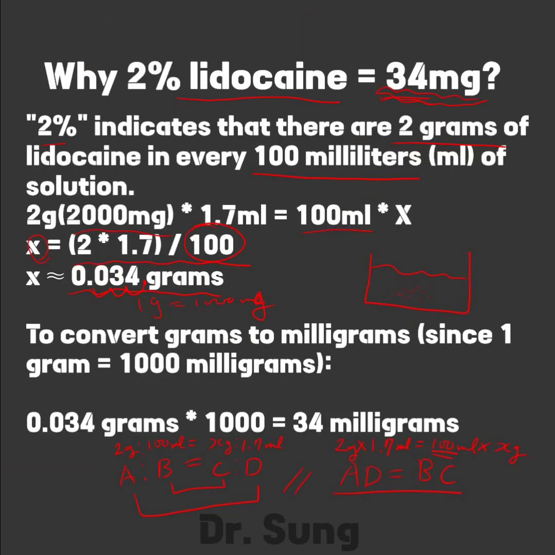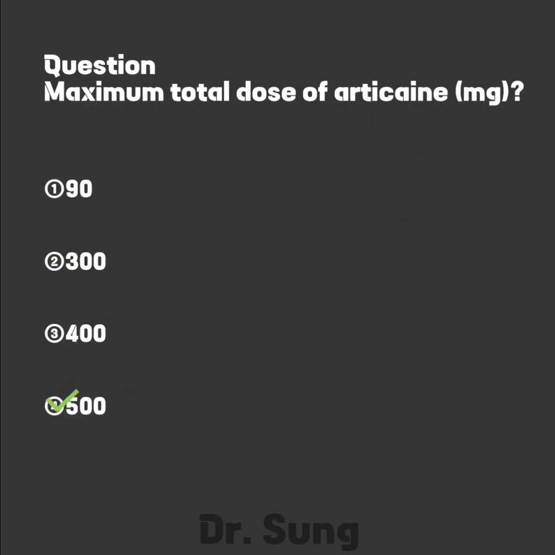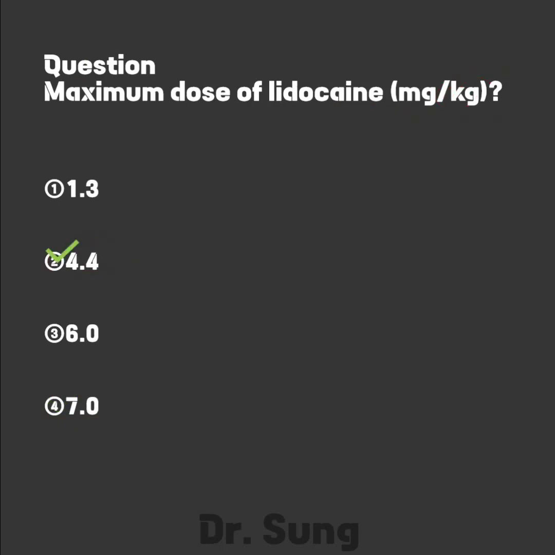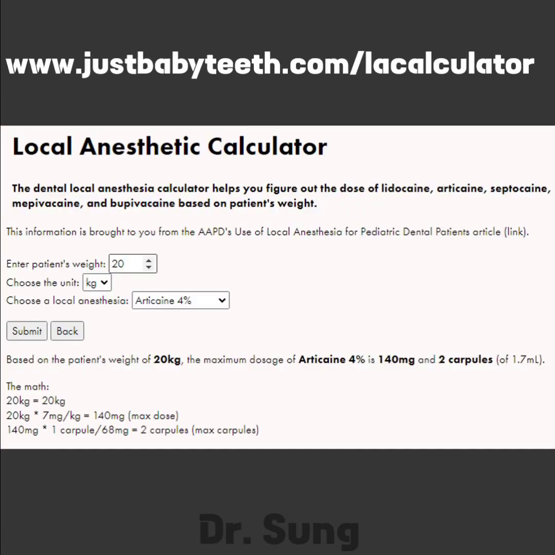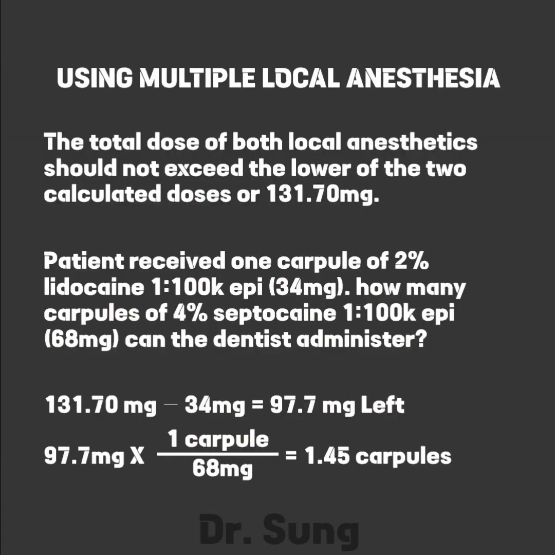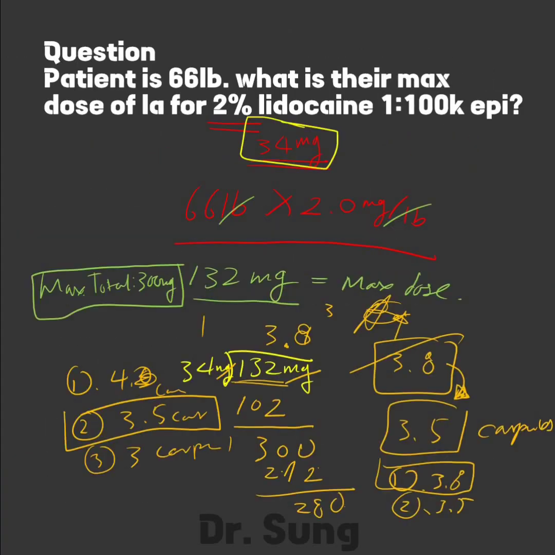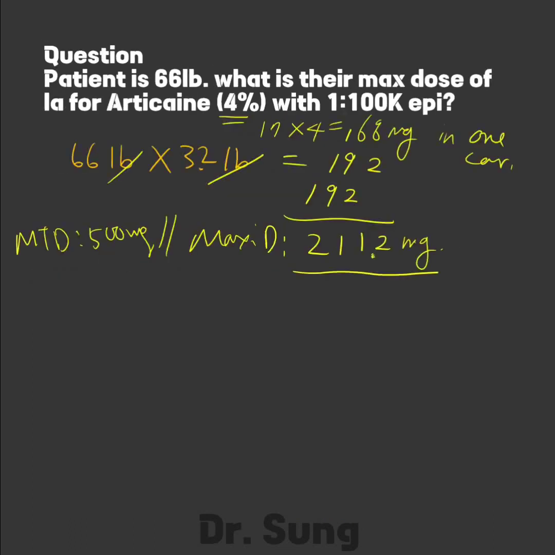Yeah. So 4% of Articaine has 68. Oh, sorry for that. So 68 milligram in 1 carpule. So we need to divide 211 divided by 68. These are all milligram.